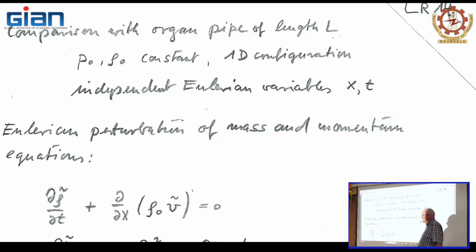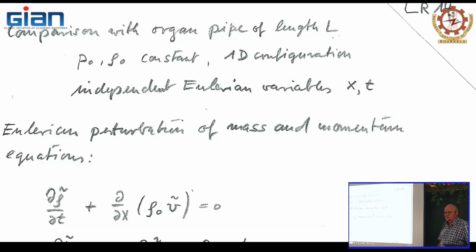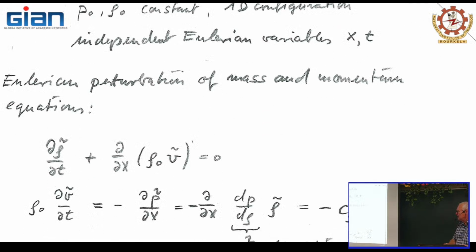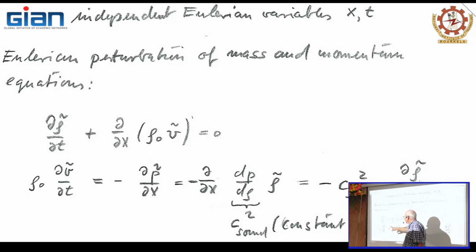Well, we have then done Eulerian perturbations of the background configuration, which is very simple in that case. Everything is constant here. And we have considered first, of course, the perturbation of the mass conservation equation, which in this case gives the Eulerian derivative of the Eulerian perturbation of the density.